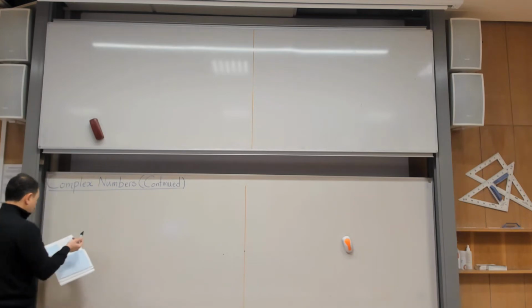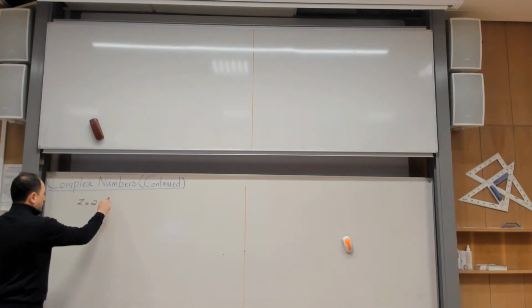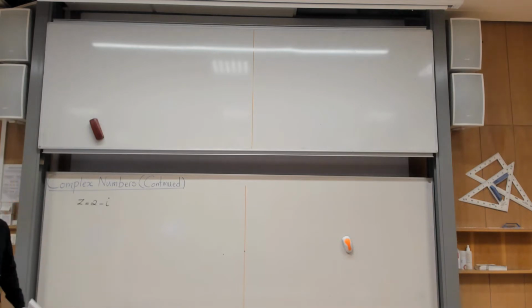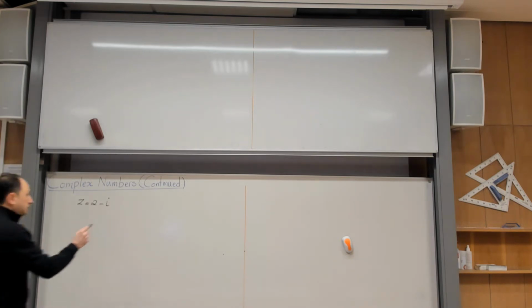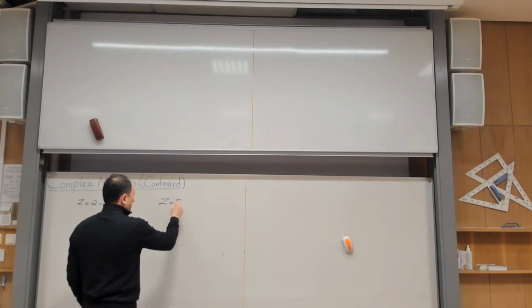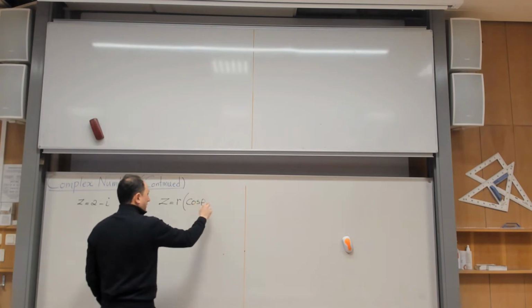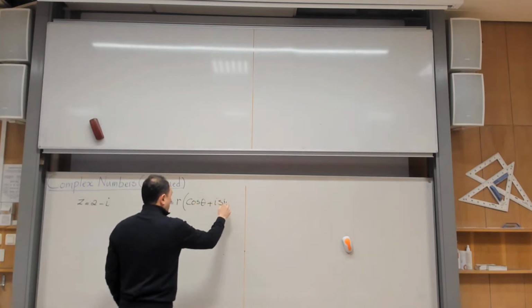So I give you this number, z equals 2 minus i, and I ask you to write this in its polar form, yes? If you remember, the polar form of a complex number is of course given to you in the formula sheet, but this is what it is: r cosine theta plus i r sine theta.